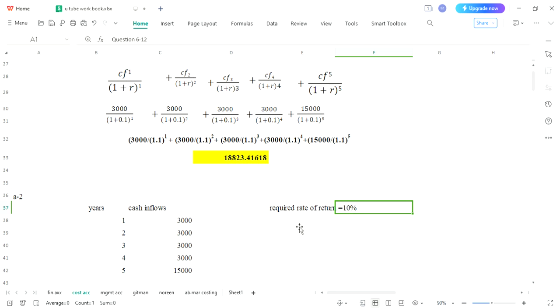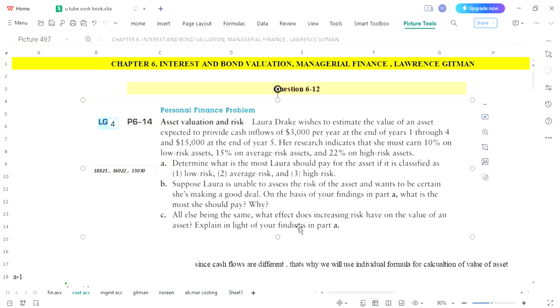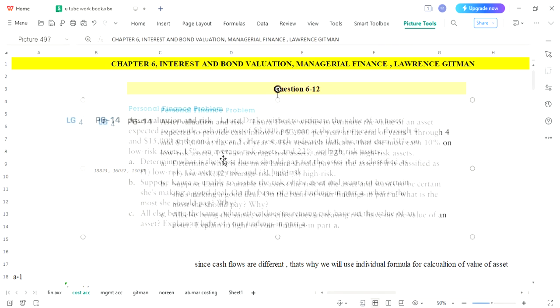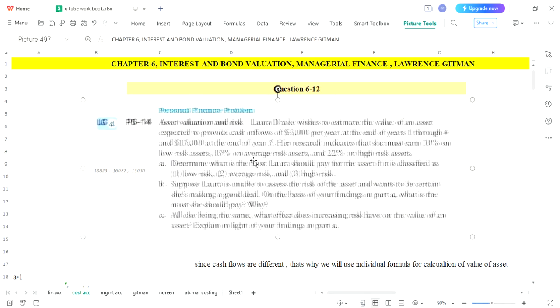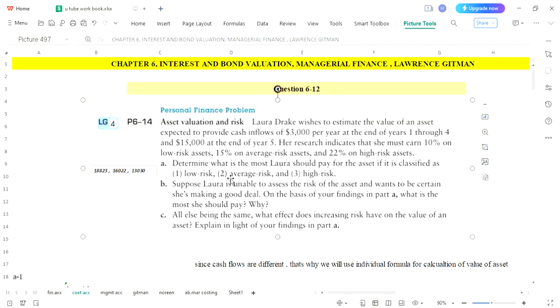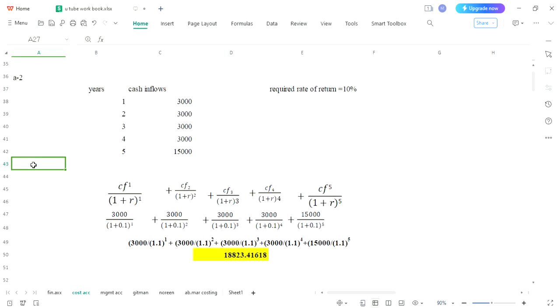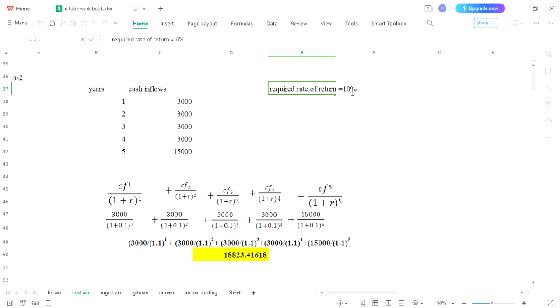Okay, it is stuck. So the question is saying that average risk over here is 15%. So we will change our rate for the second part. It would be 15%. Though everything we have already written, formulas would be the same, cash flows would be the same.